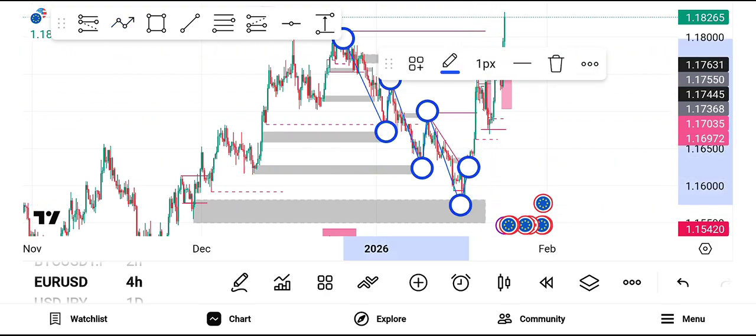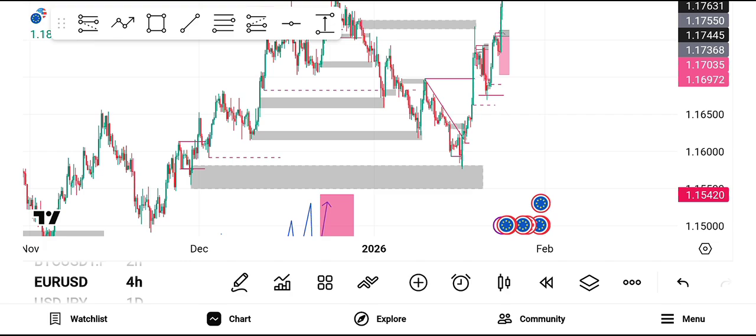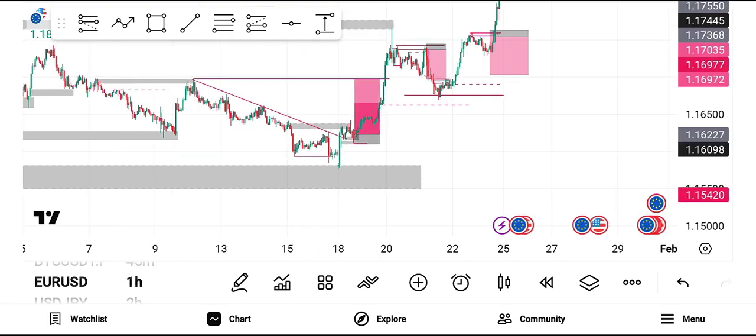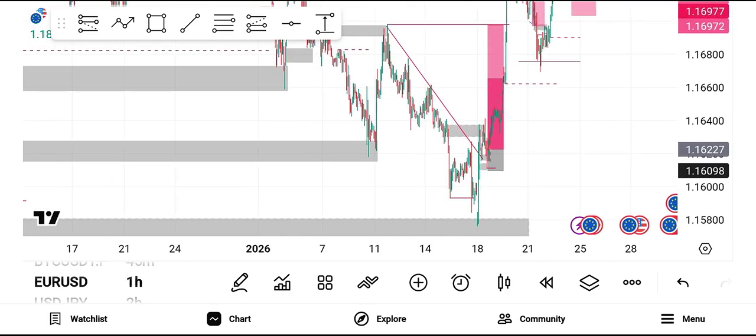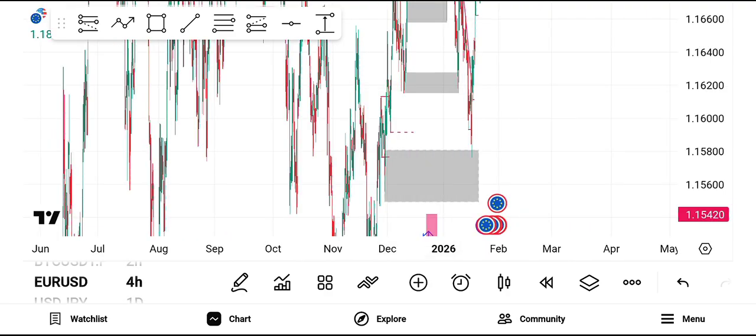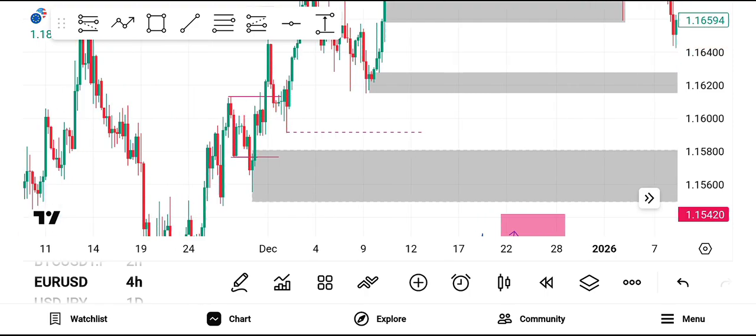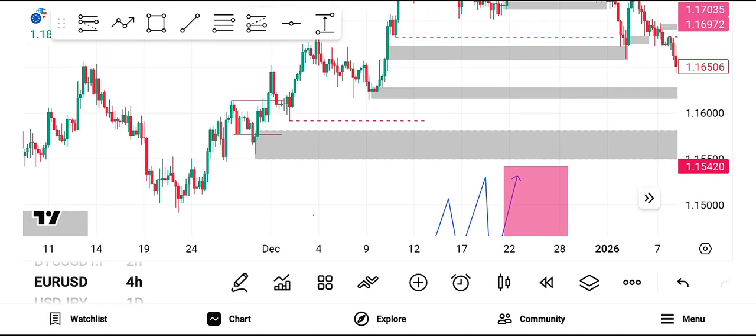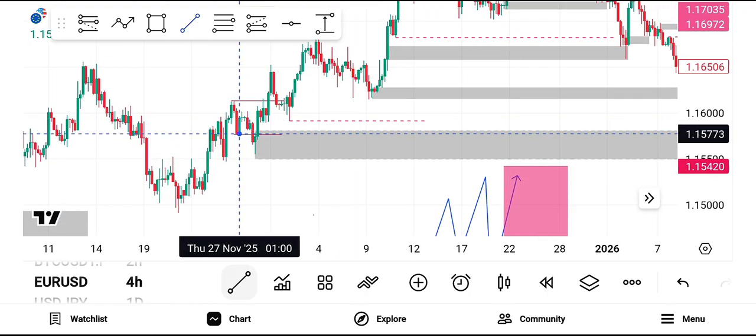But let's go to 1 hour so that I'll show you guys something. On the 1 hour time frame, you can see this particular zone. Sorry, I have to go back to 4 hours again. Now see something here. You can see that there is this sweep, which I marked already.